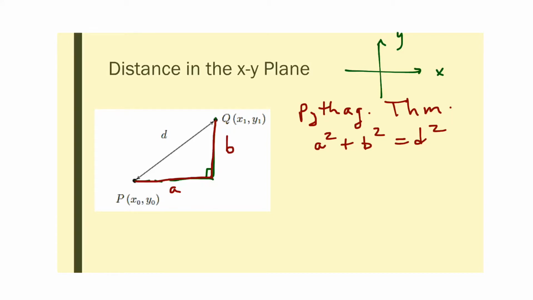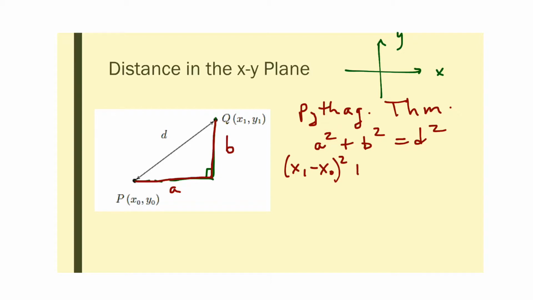So A is your x1, this value right here is x1 minus x0. So this is x1 minus x0, and then we have this squared.